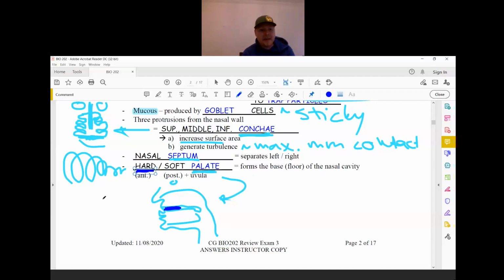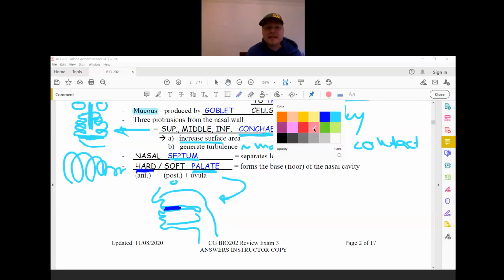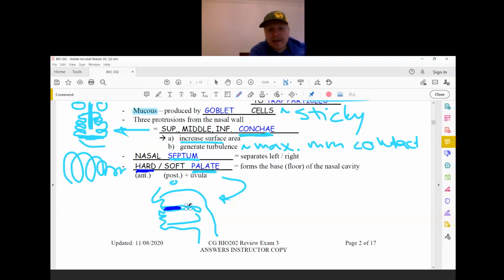And then when we move to the posterior portion, that is often described as soft palate. And that's because we don't have this bony structure there. And of course, at the very end, we have the hanging protrusion, the uvula that we've seen before. So that's what we have for the floor of the nasal.